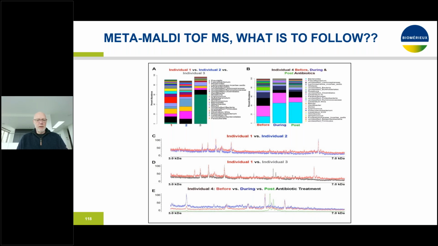And with mass spec and looking at the complexity of peaks, you cannot identify all the species in a fecal transplant, for instance. Like I said, the ratio between the different species is not sufficient to really identify at the species level.